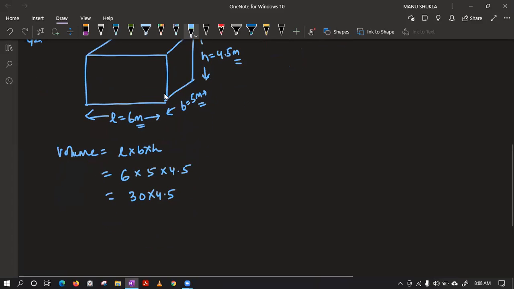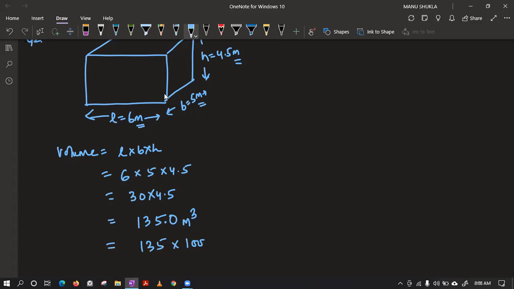Now 3 into 45: 3 fives are 15, 12 plus 1 is 13, 1350, and there was a decimal, so this 0 will be gone. Now to convert into liters, we just need to multiply with 1000, and the answer is 135,000 liters. Class, I hope this question was very easy to understand. Now we can go for question number 3, which is simple.